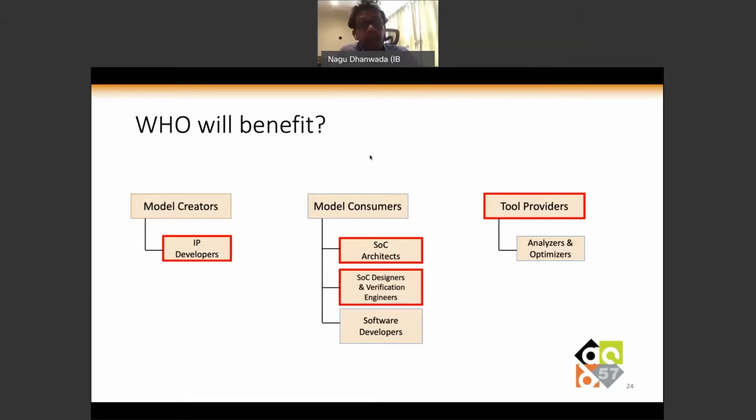Jerry Frankel will highlight a system/SOC architect's perspective, and David Rachkoff will highlight the SOC designer's perspective and how UPM will benefit SOC designers. And Professor Davis will also touch on the EDA tool provider and how UPM will benefit them.